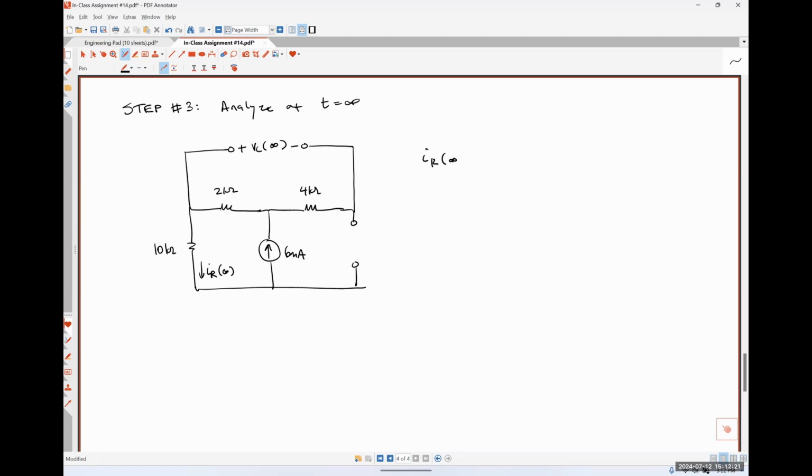What's IR at infinity? 6 milliamps again? 6 milliamps. Absolutely. VC at infinity is a little harder. Anybody have any thoughts?